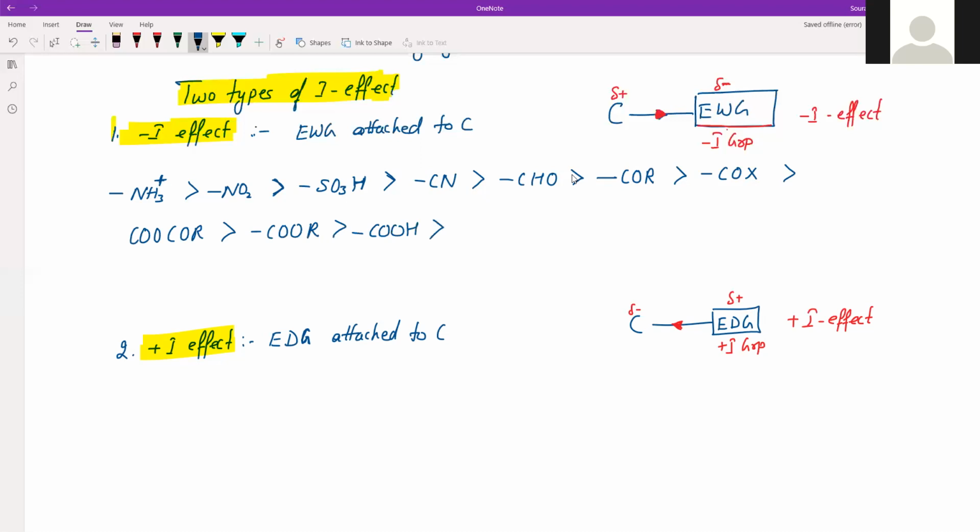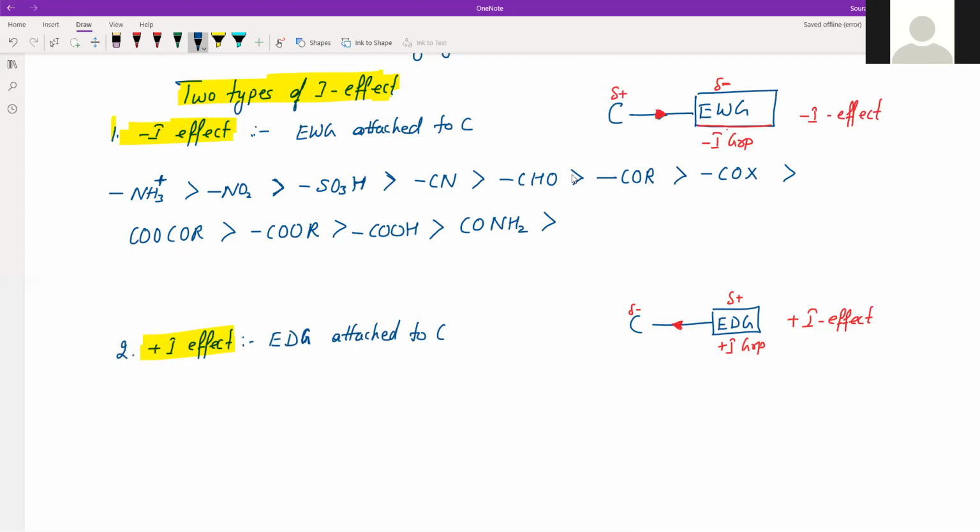So this is the decreasing order of strength of I effect. Then CONH2. These are the groups which will attract electrons from the carbon.